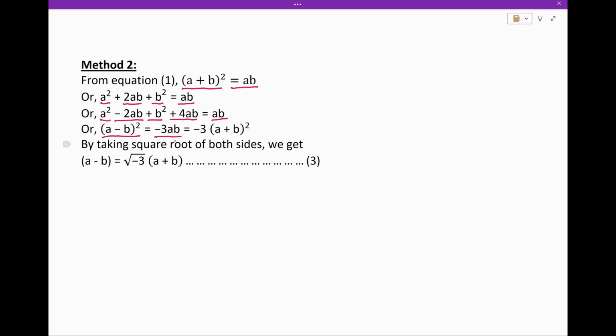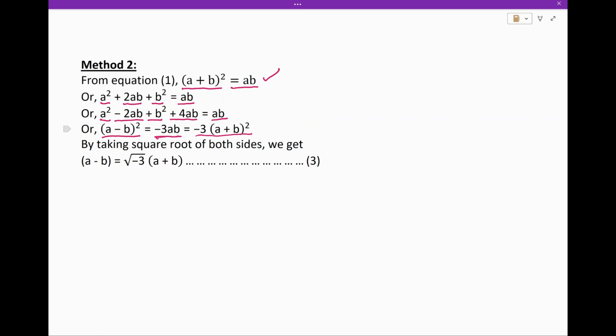But since from equation 1 ab is equal to (a plus b) whole squared, minus 3ab will be equal to minus 3 times (a plus b) whole squared.